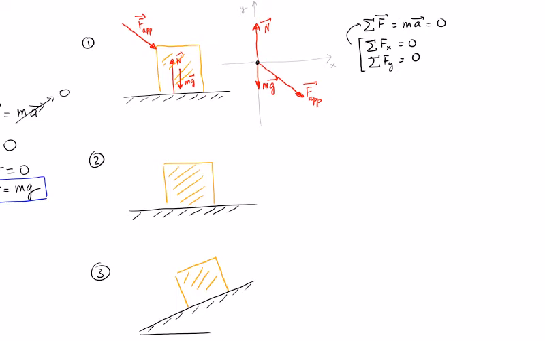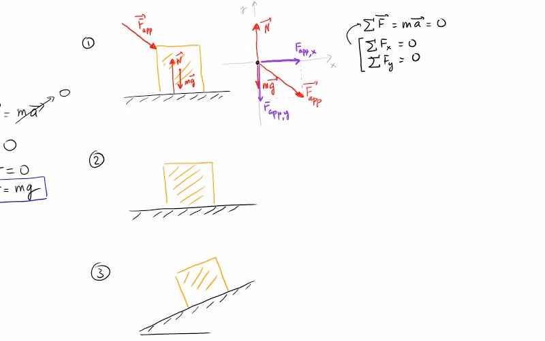Now to draw x and y components for the applied force, I'm going to bring a perpendicular line to the x-axis and to the y-axis, and then the projection of F applied on the x-axis would be F applied x, and the projection on the y-axis will be F applied y.